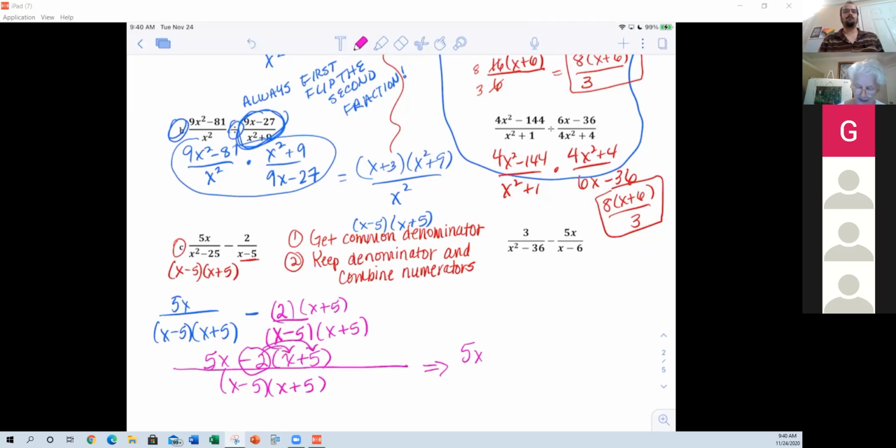This is where people mess up. So this is going to be minus 2x minus 10. And then I just combine the 5x and the 2x in the numerator. And that's my final answer.